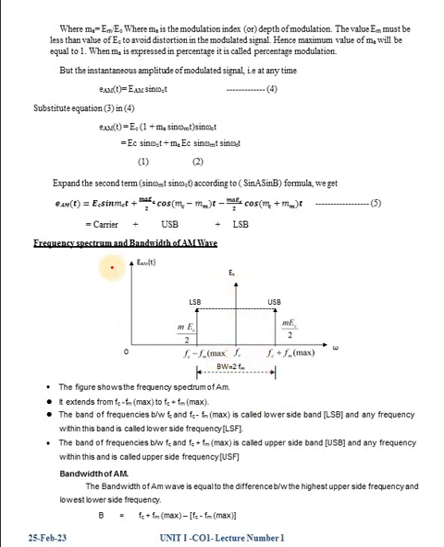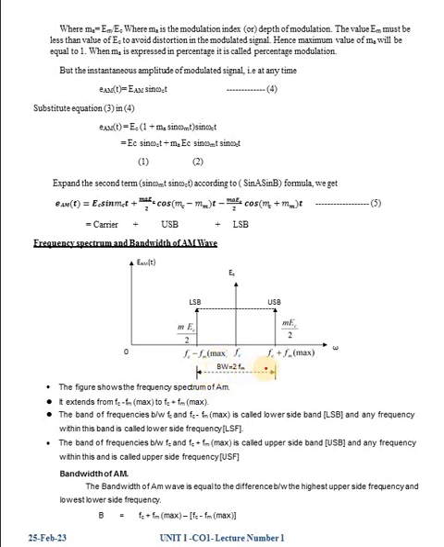So we will draw the curve with respect to frequency and magnitude of the modulated waveform. This represents the carrier signal. We will take it as a reference, and this is your upper sideband, this is your lower sideband. This frequency is FC, the upper sideband frequency is FC plus F max, and the lower sideband frequency is FC minus F max.